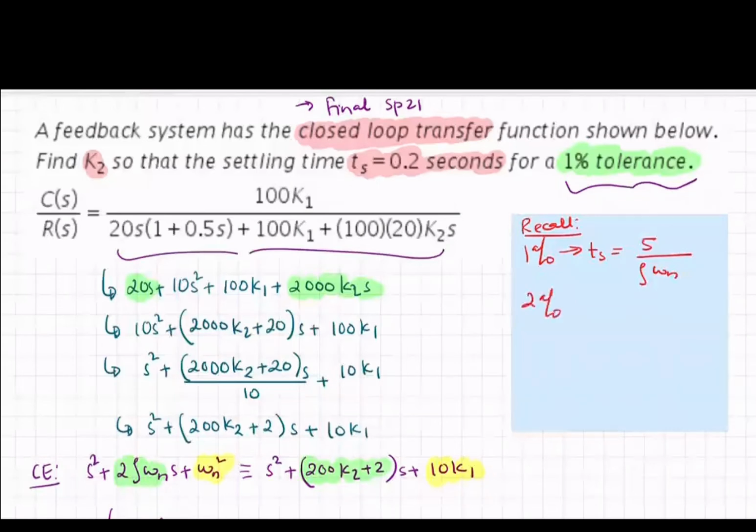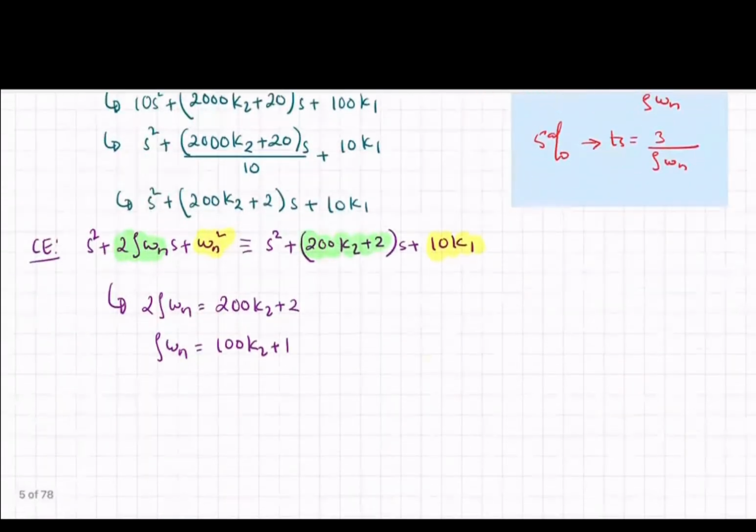If they give us 2%, this is t_s equals 4 over zeta omega n, and for 5%, the settling time would be 3 over zeta omega n. And because they are giving us 1% tolerance here, we can simply use this formula.